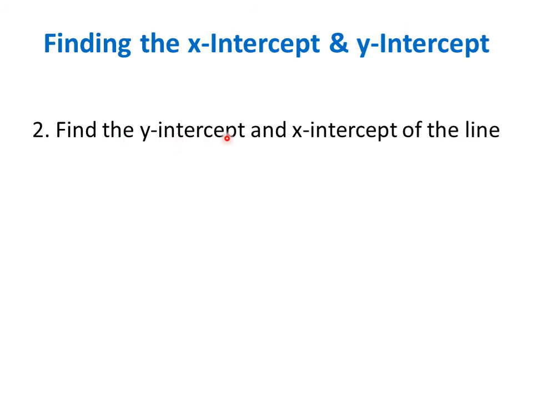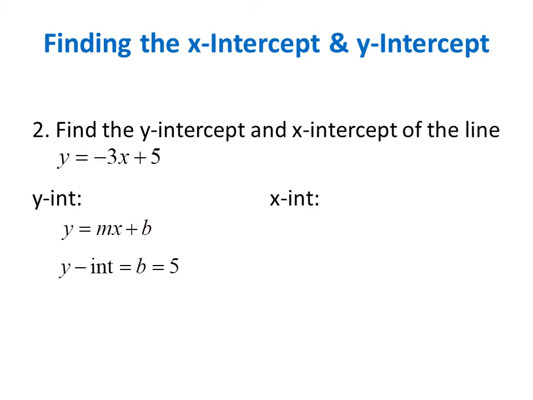Lastly, find the y-intercept and x-intercept of the line y is equal to negative 3x plus 5. Now notice that this equation is already in the slope-intercept form. And we know that in the slope-intercept form, the constant term, 5 in this case, is the y-intercept.